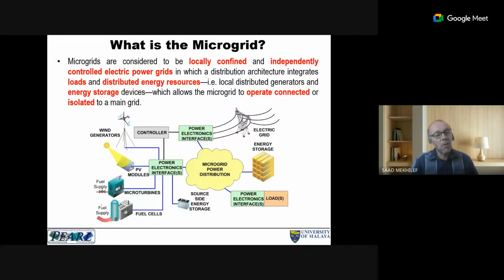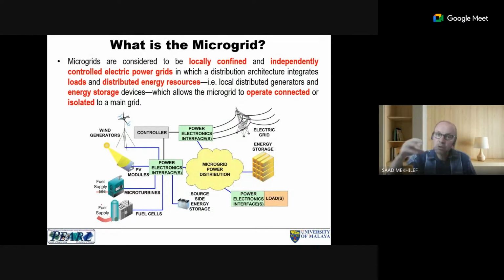So now let's look into the microgrid. We call it micro because it's smaller. It's not a grid; a grid is huge, talking about gigawatt level, but a microgrid is smaller in size. So what is a microgrid? A microgrid is considered a locally confined and independently controlled electric power system.